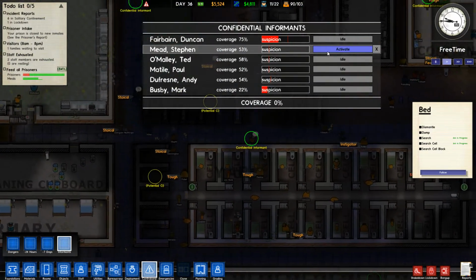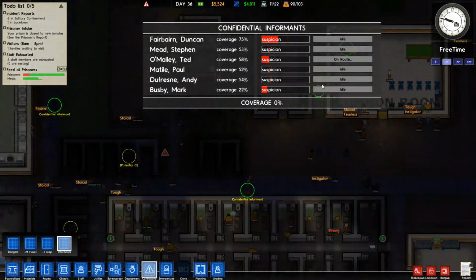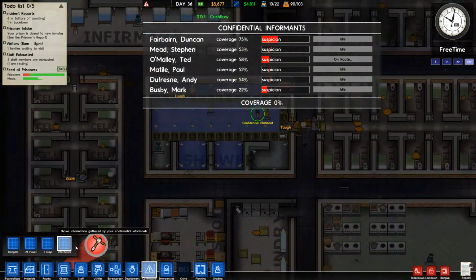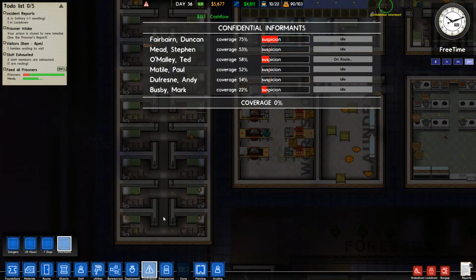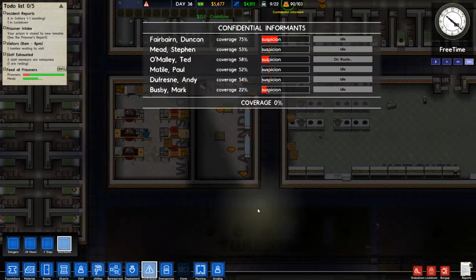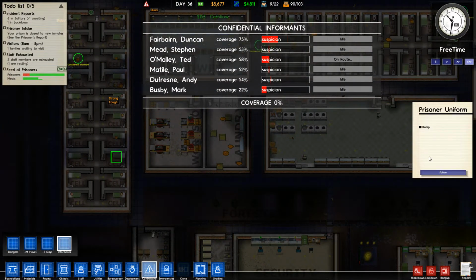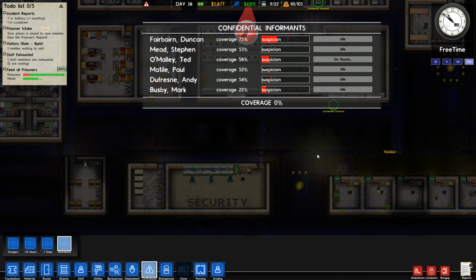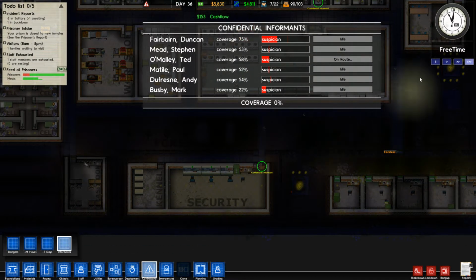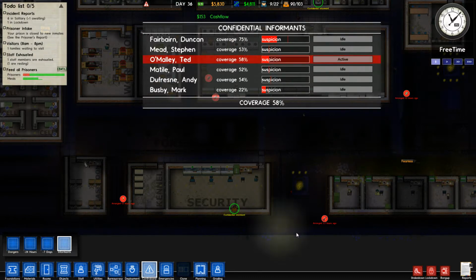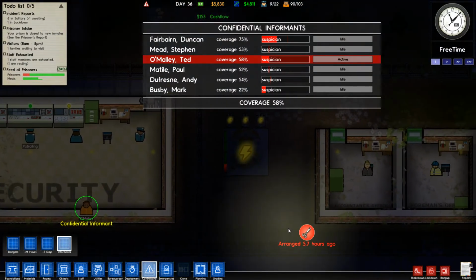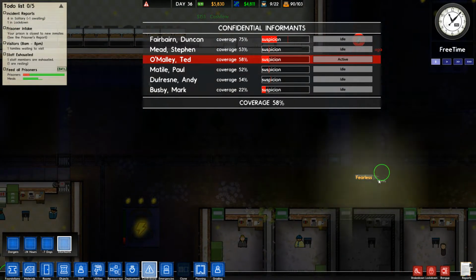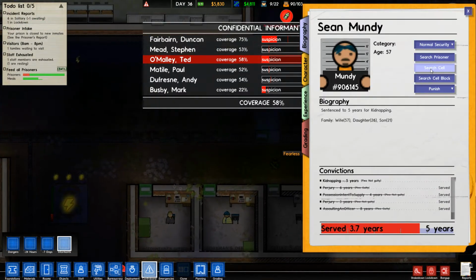Okay, let's activate someone else. 58%. Yeah, found that pickaxe. You're in trouble. Search this cell block, just to make sure nobody's digging its way out of here. Okay. He's telling me there's a pair of scissors being thrown in, but that's not an area where prisoners can go. Or at least you'd think so.